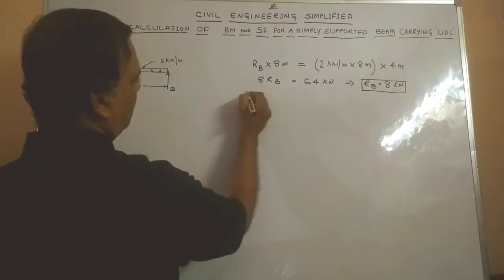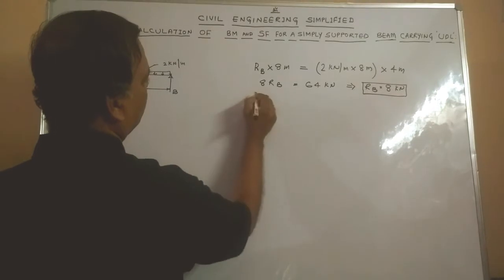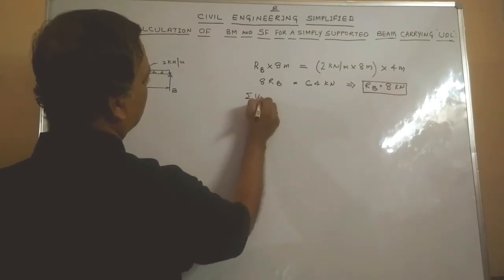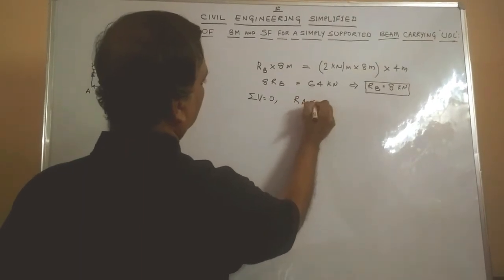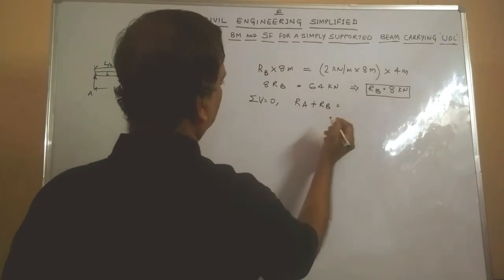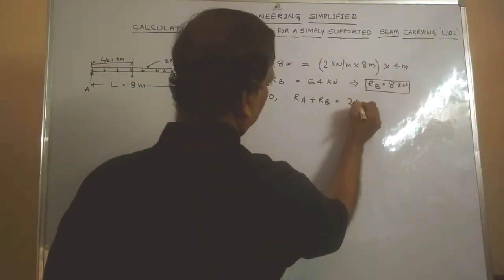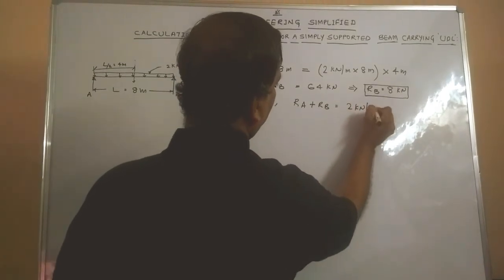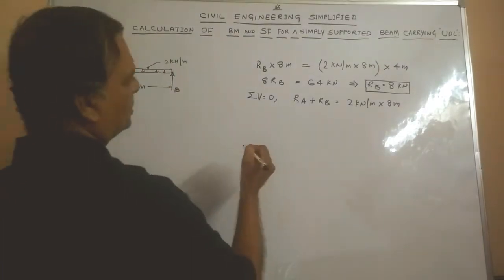We can calculate RA also. We will apply the equation sigma V equals 0, which implies that the summation of the vertical reactions acting on the extreme ends should be equal to the total downward load. Total downward load is 2 kN per meter multiplied by the total span of 8 meters.